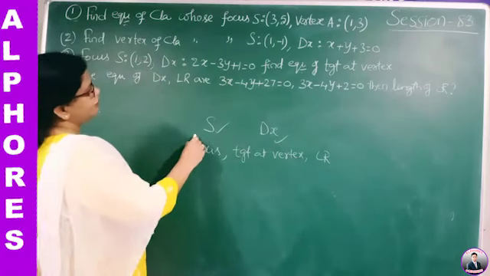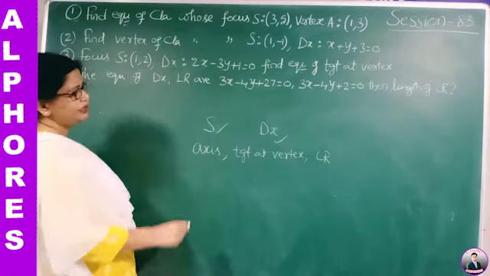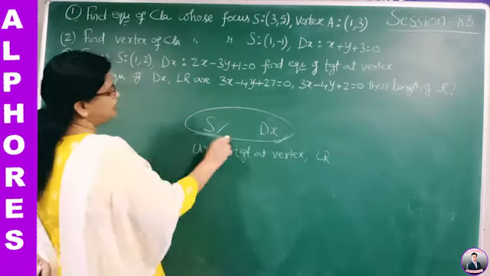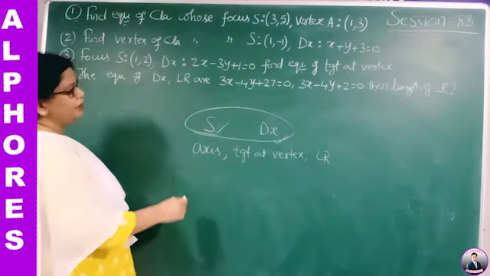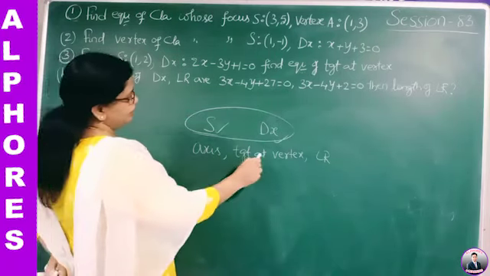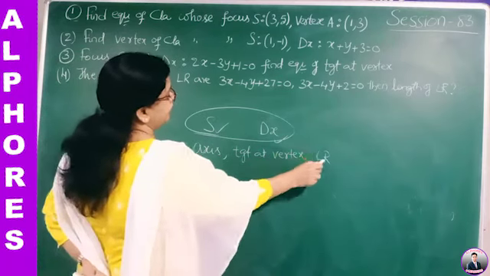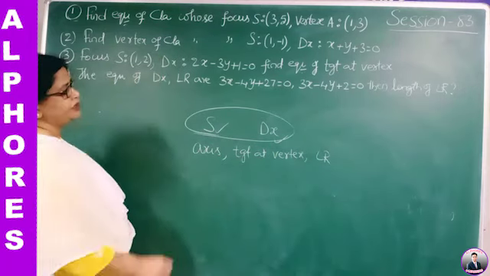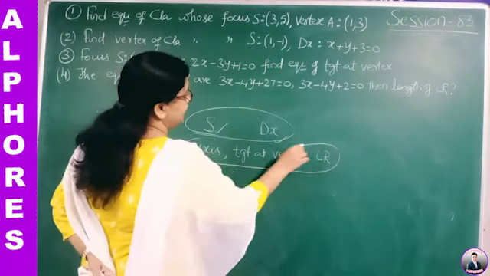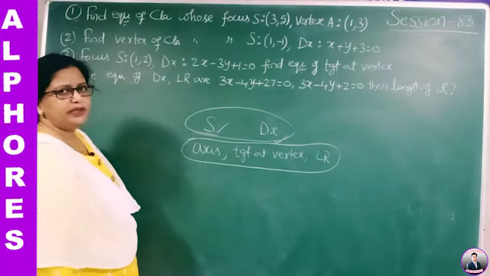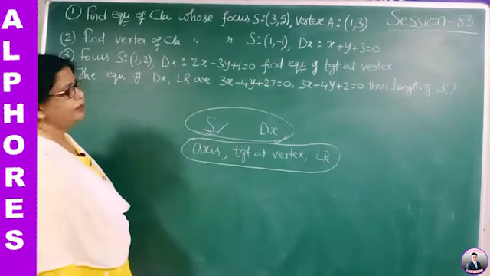Therefore, to obtain a parabola equation, either the focus and directrix combination you require, or else the axis equation, tangent at vertex equation, and length of latus rectum. If you have this data in your hand, then easily you can obtain the equation of the parabola.